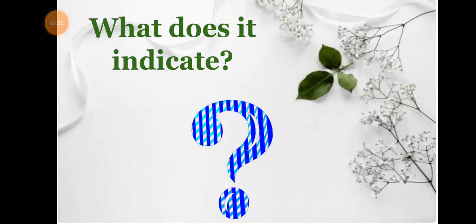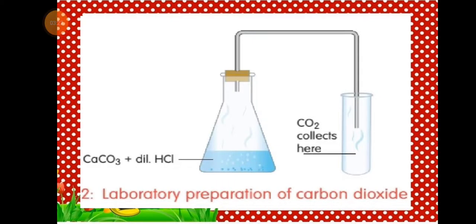Students, to answer these questions: when dilute hydrochloric acid and calcium carbonate are allowed to react, we observed many bubbles in the flask. These bubbles are a gas. So what we can understand is that a gas was released in the reaction, and when lime water was poured into the boiling tube, it turned milky, that is, white in color.